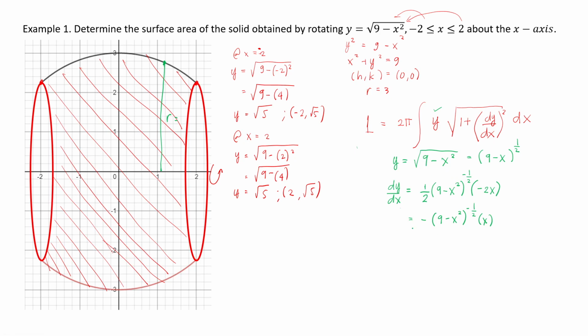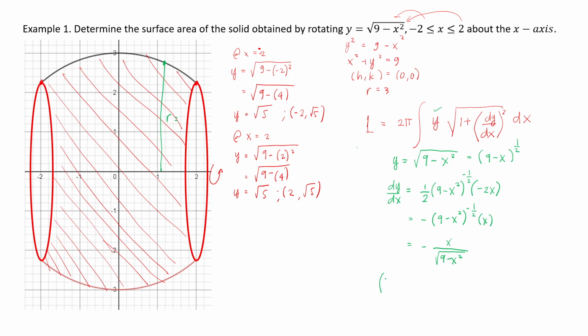Okay, so if we're going to simplify further, so negative x, then this would give us 9 minus x squared. So ako lang gi-flip daan to the denominator ang kaning square root function kay it's negative 1 half man.